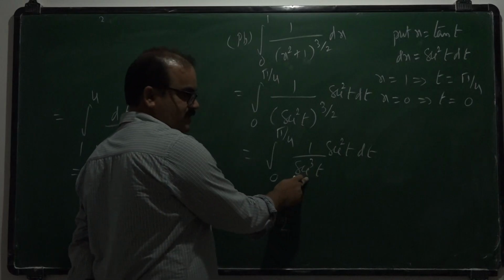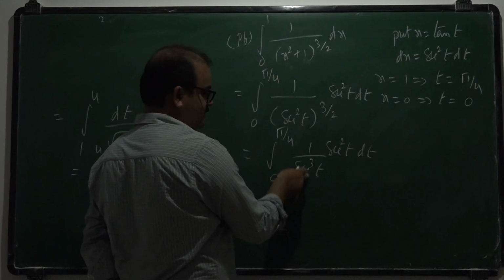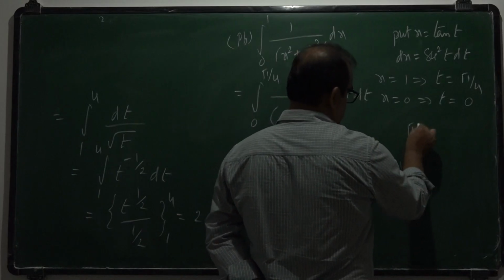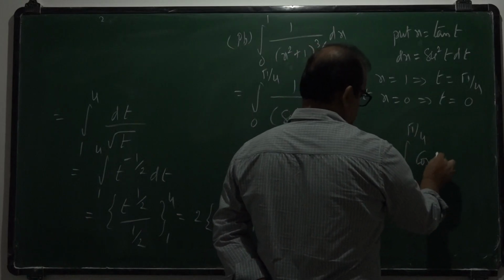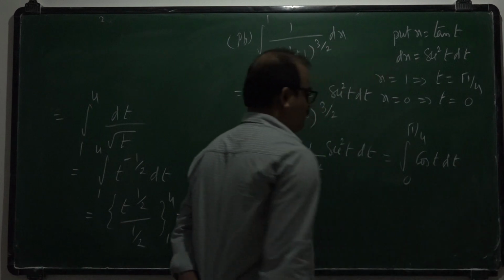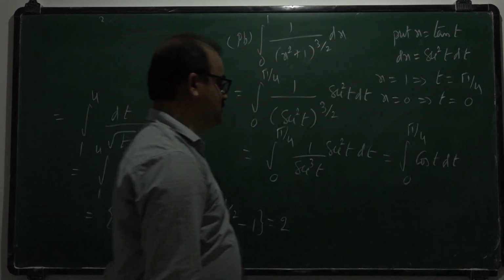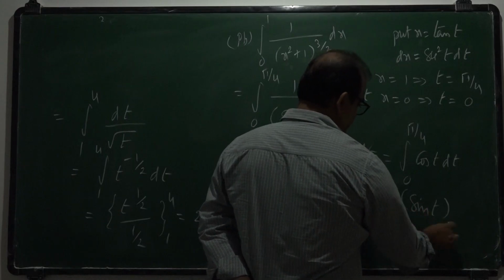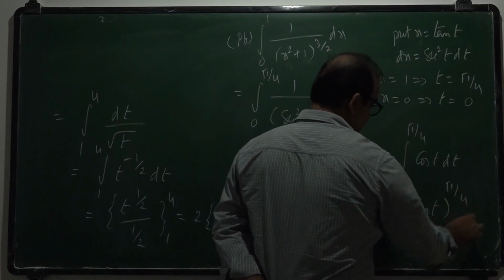Secant square by secant cube is 1 by secant t, that is cos t. Integral cos t is sin t between the limits 0 to pi by 4.